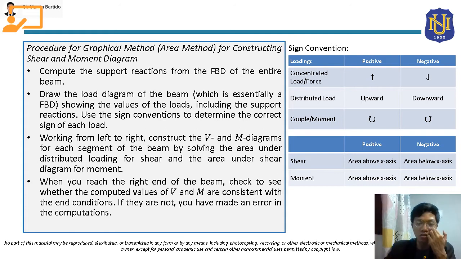If they are not, you have made an error in the computations. At first glance, using the area method may appear to be more cumbersome than plotting the shear and moment equations. However, with practice, you will find that the area method is not only much faster, but also less susceptible to numerical errors because of the self-checking nature of the computations.